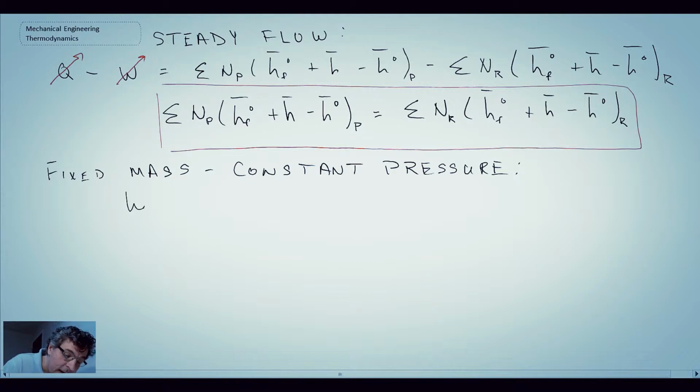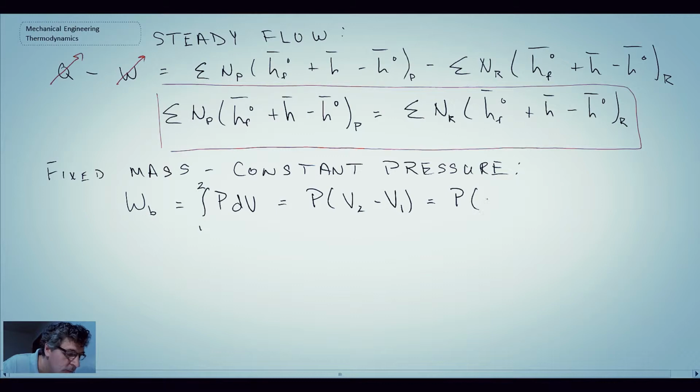We're going to begin by looking at our boundary work, although for the Brayton cycle that was a steady flow, so it wouldn't apply here. We have that for the boundary work, and now I'll write out the first law.